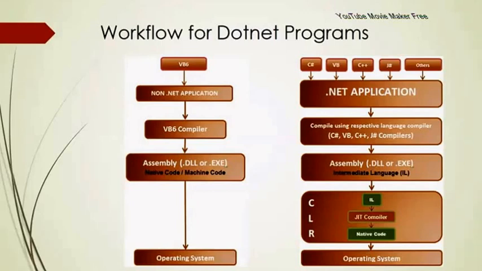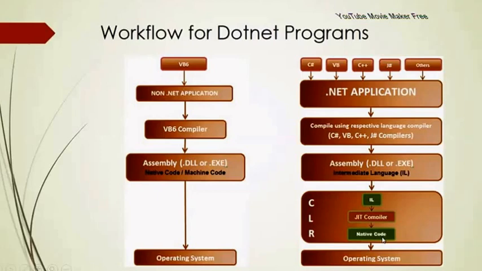So in .NET, the application execution consists of two steps. The language compiler compiles the source code into intermediate language, IL. The JIT compiler in CLR converts the IL into native code which can then be run on the underlying operating system. This process is shown in the right image.